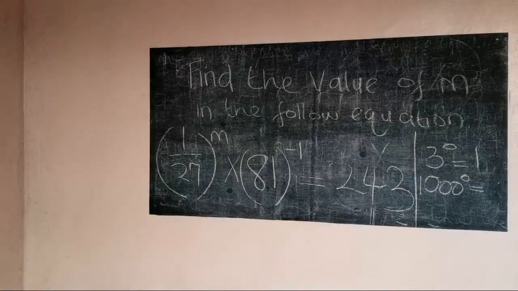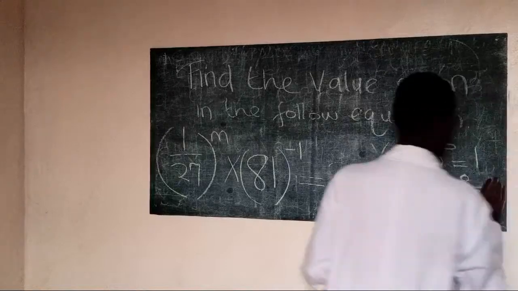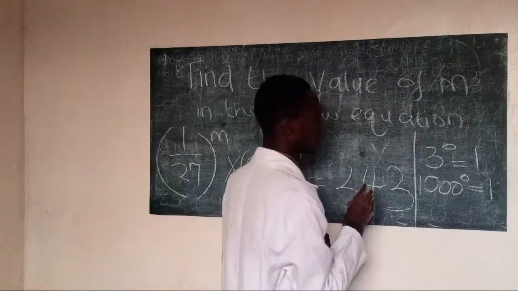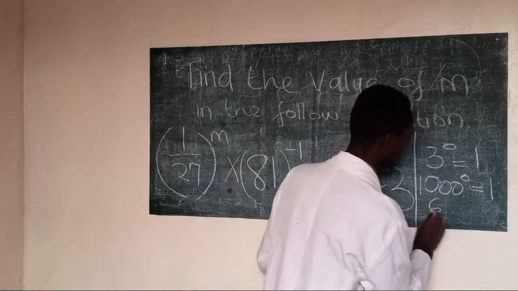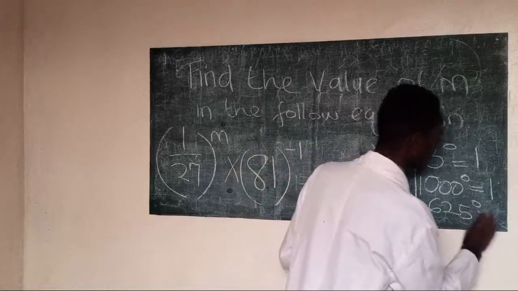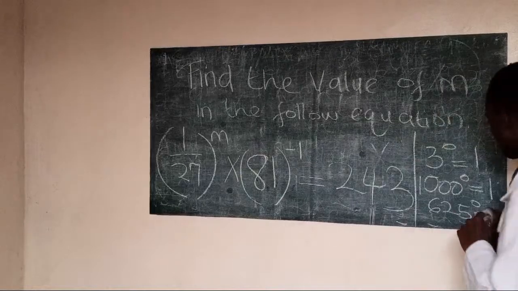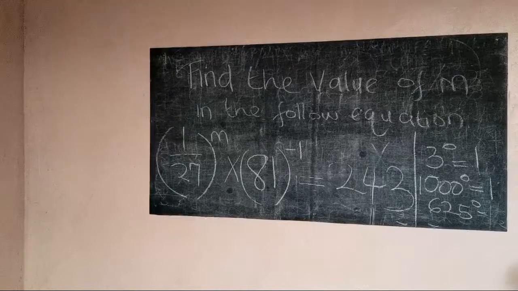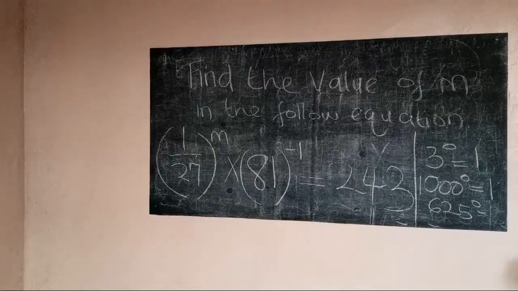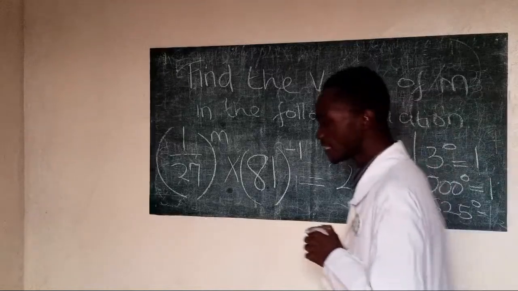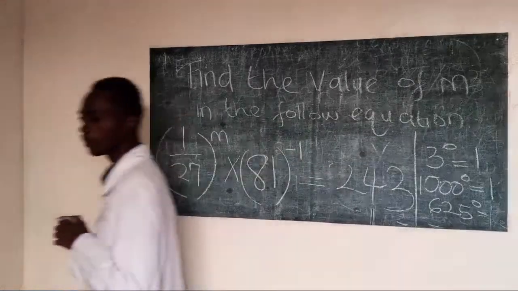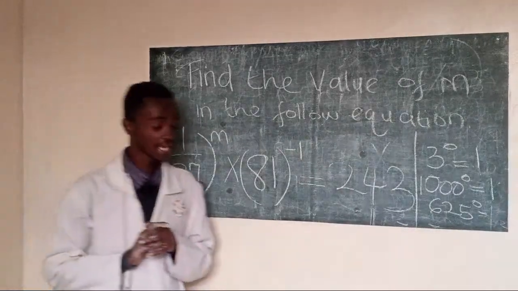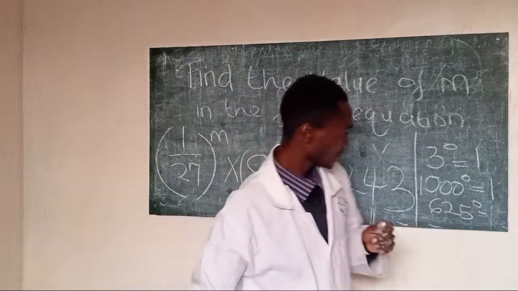Yes or no? 1. So, what is 625 raised to power 0 again? 1, isn't it? Why 1? Because one of the laws of indices says that any number I raise to power 0, the answer is 1.